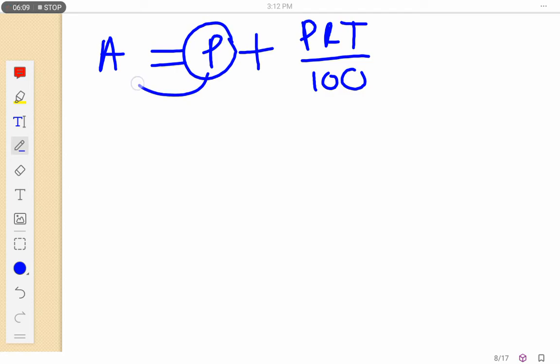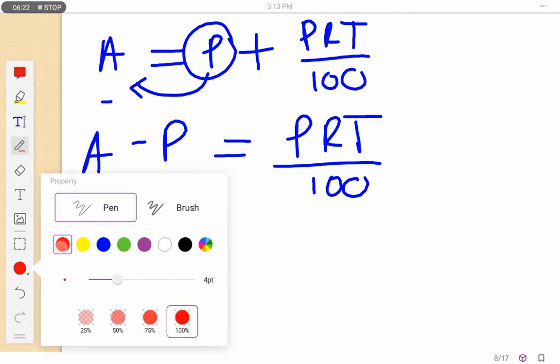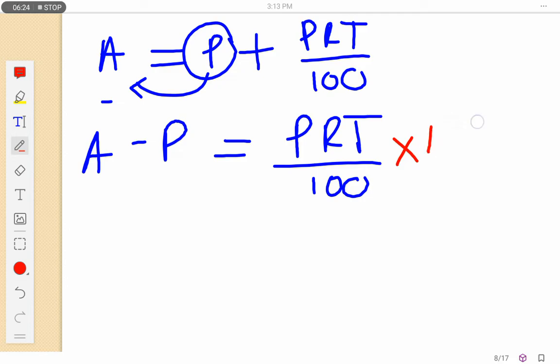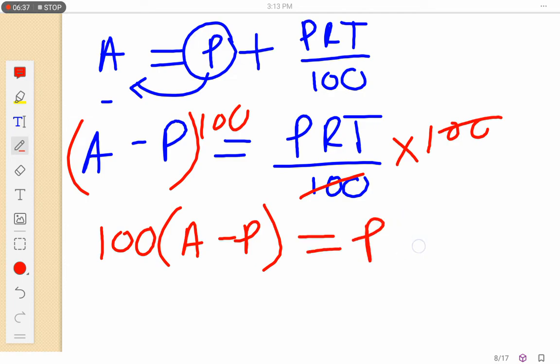I'm going to take this one this side, it becomes a minus, so I'll have A minus P is equal to PRT over 100. To remove the 100 there, I multiply everywhere by 100, so I multiply here by 100 and also here by 100. So these will cancel off each other, and here I'll have 100 multiplying A minus P. This is going to be equal to PRT.